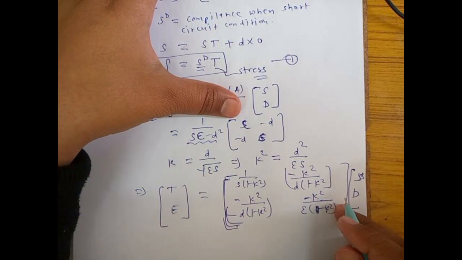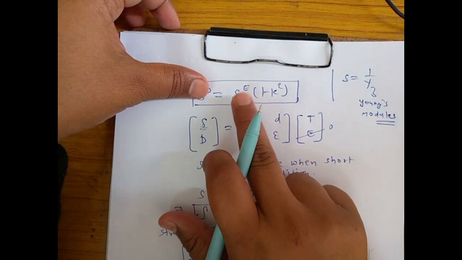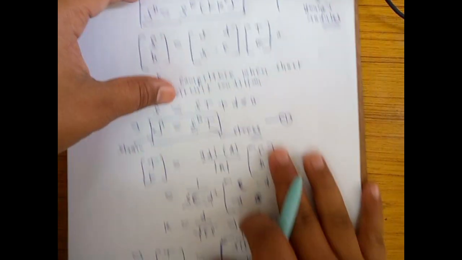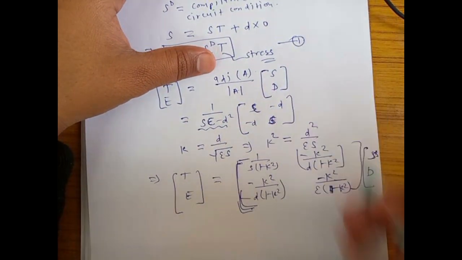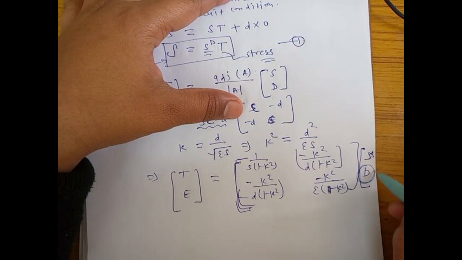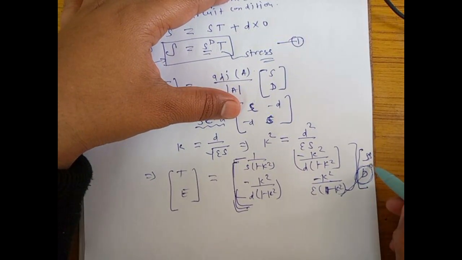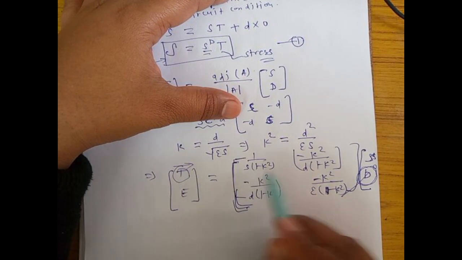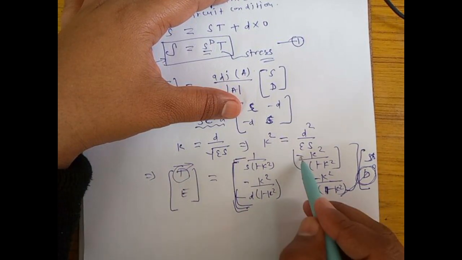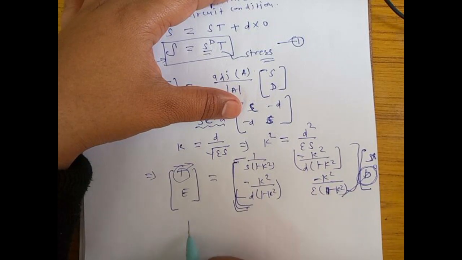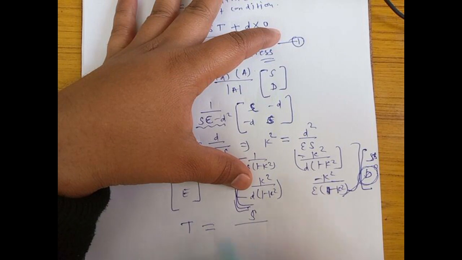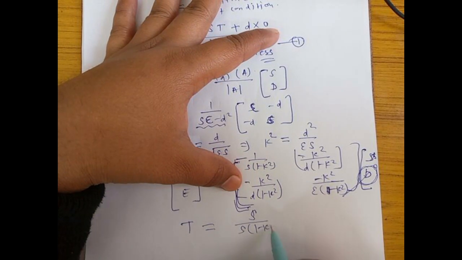Second case is when the electric displacement is zero. Here, if we put zero for the electric displacement, then T will become this multiplied by s, this multiplied by zero, so that term is zero. So this will become s times stress times (1 minus k square).